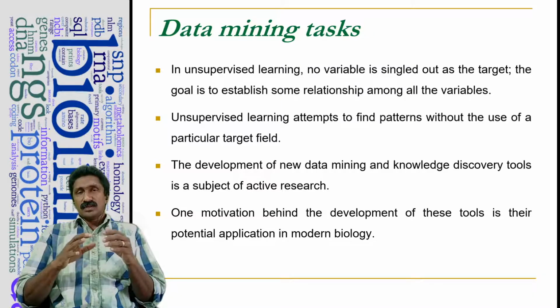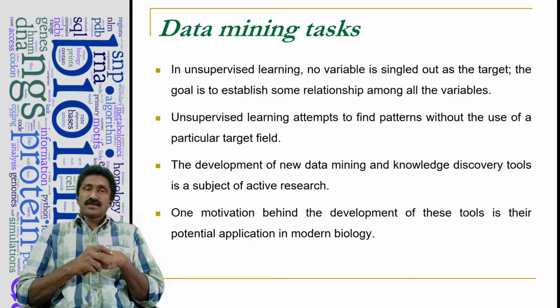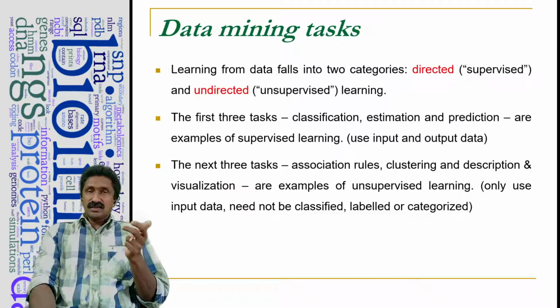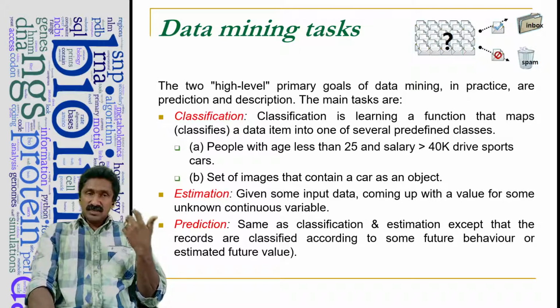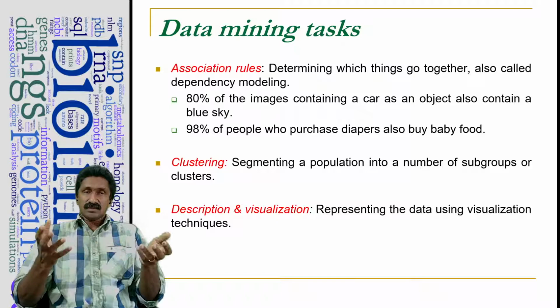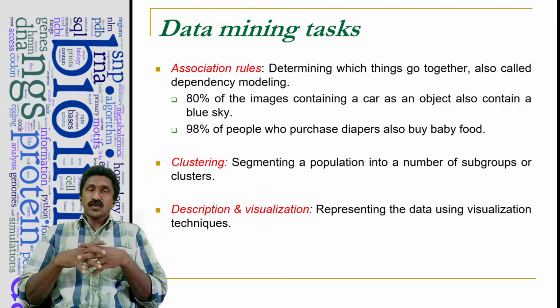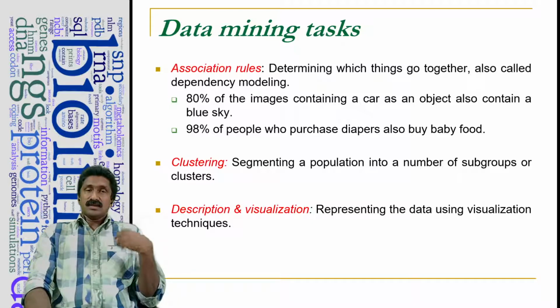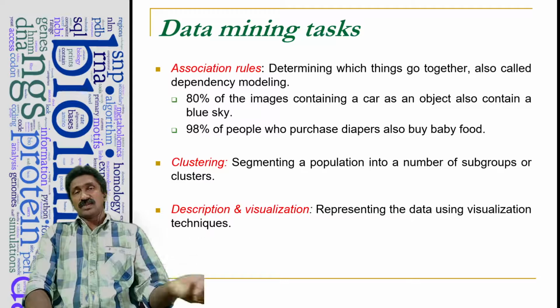So we have various methods of data mining, as I mentioned: classification, prediction, estimation, then finding the associations between two groups, then clustering into subgroups, and also generating interpretations and visualizations based on the data.